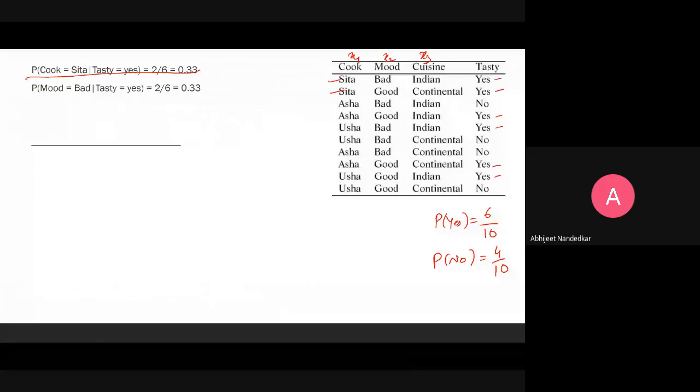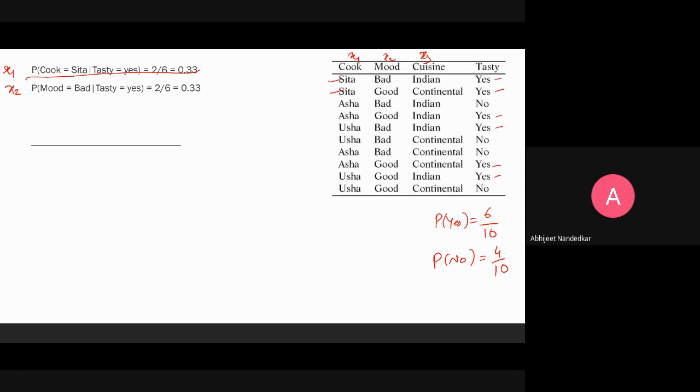Now I take the second variable. So this was for the first variable. Now I go for the second variable: mood is bad, given the condition food is tasty. When I consider x2, I don't care about x1 and x3.